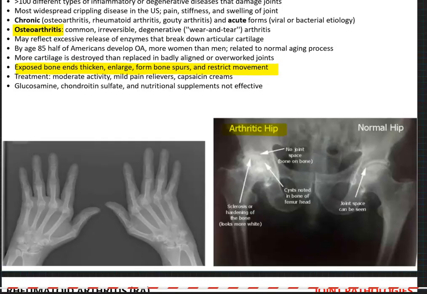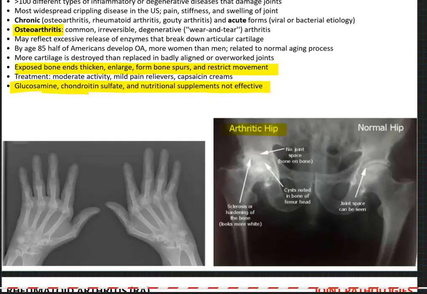Now, one more nail into the coffin of the dietary supplements. Chondroitin, glucosamine, and all other stuff for, quote, joint health, are absolute nonsense, as well as collagen.